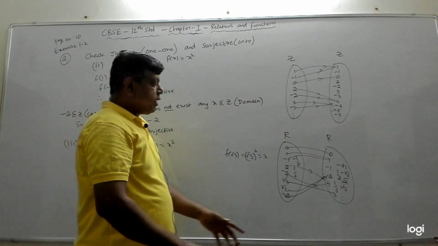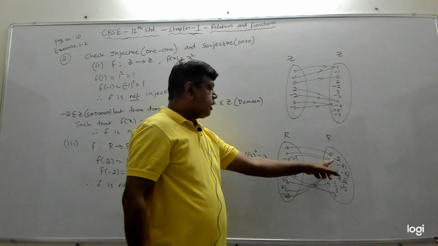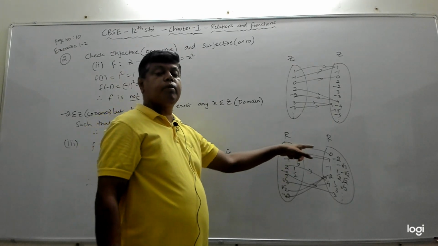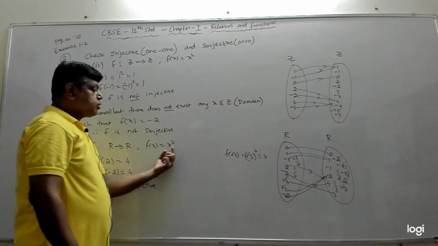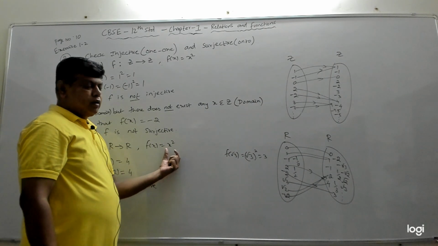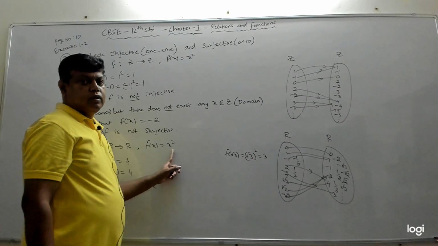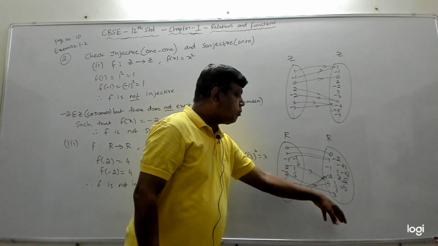If I take minus 2 or anything, I cannot find a number here such that f of x is minus 2. Because f of x is x square, and x square cannot be negative if x is a real number. It can be either 0 or positive. But R has negative numbers also.